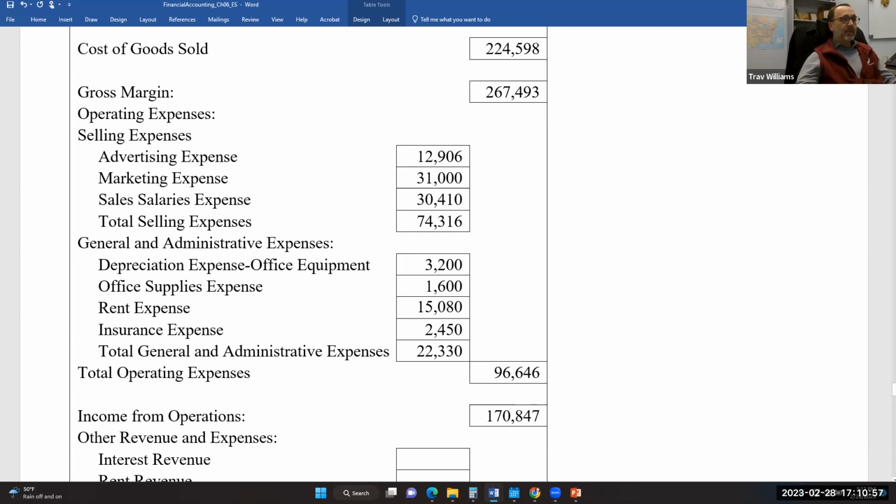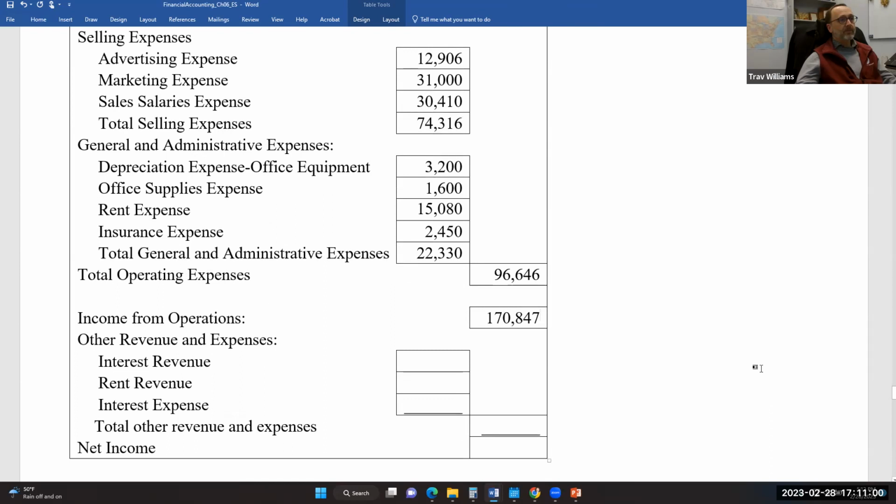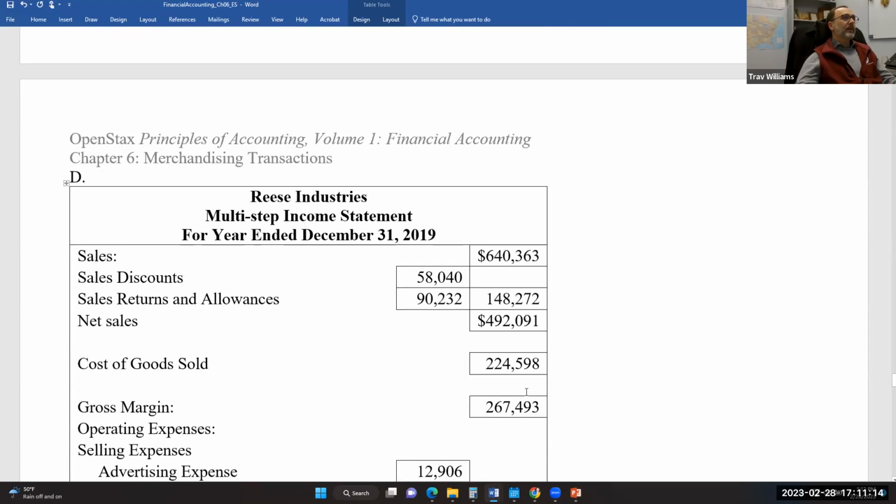And we have an income from operations of that amount. Then we're going to add that interest and rent revenue and subtract the interest expense to get our total other revenue and expenses. So now we go back up here.